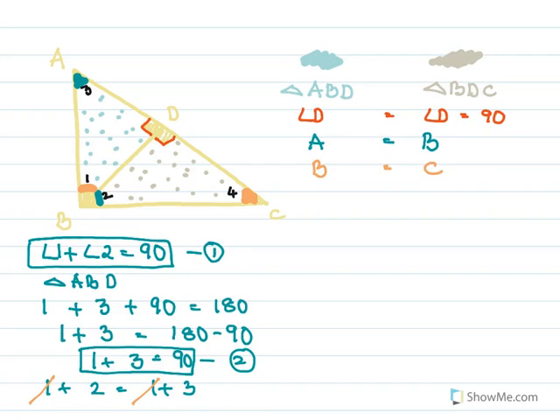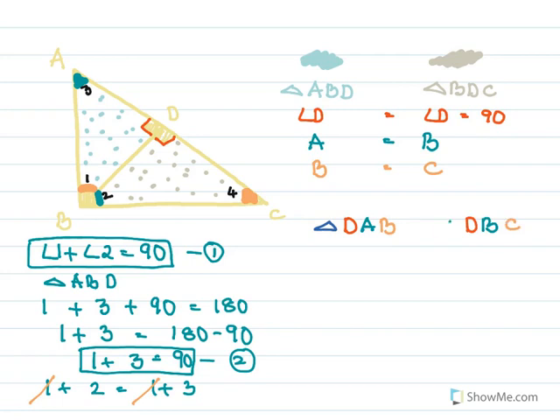So now the right correspondence for these triangles will be triangle DAB. So I have D here, so I'll have D here, then A here, B here, and B here, and C here.